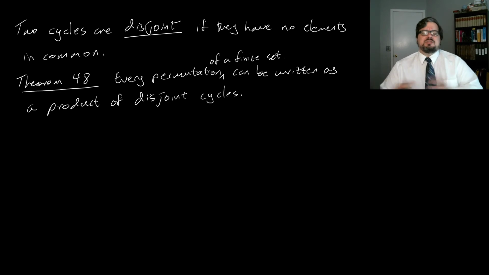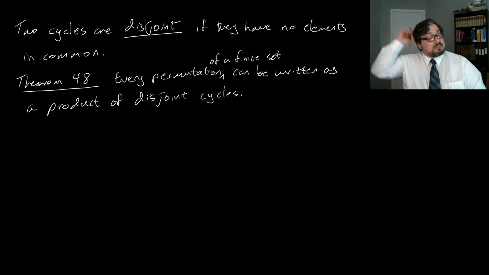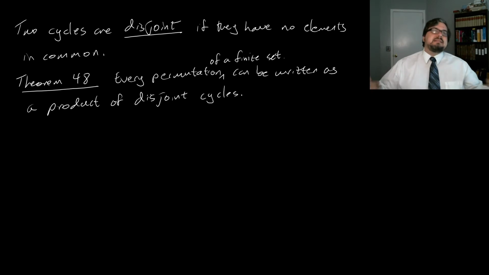Really, all of our results that we're going to be talking about here only really hold true for finite sets. Cycles aren't really useful when talking about permutations of infinite sets. But Theorem 48 is that every permutation can be written as a product of disjoint cycles. The proof is basically what we've already gone through.